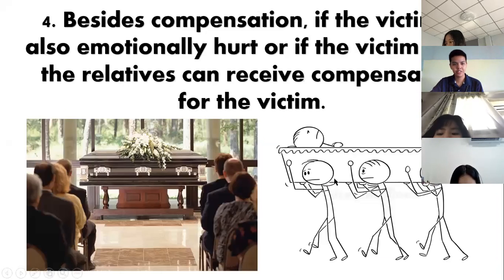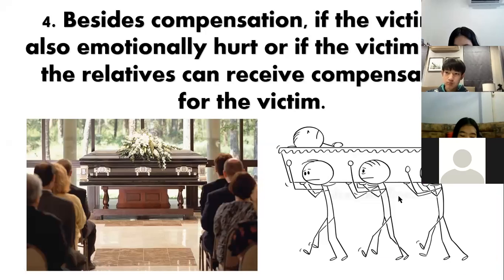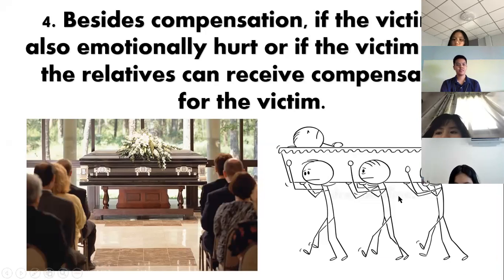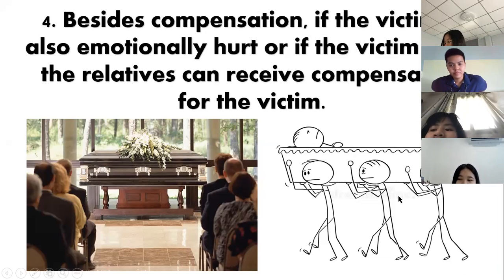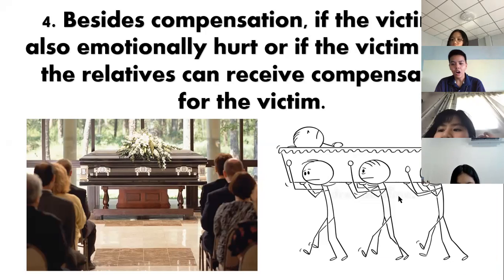Okay, let's go to the next one. Okay, yes. Haruka, please read. Besides compensation, if the victim is also emotionally hurt or if the victim died, the relatives can receive compensation for the victim. Okay, so let's say I bought a milk tea. What's up with milk tea, teacher?